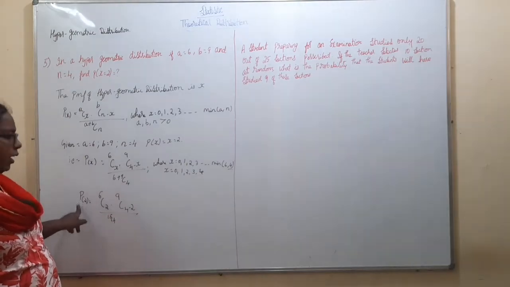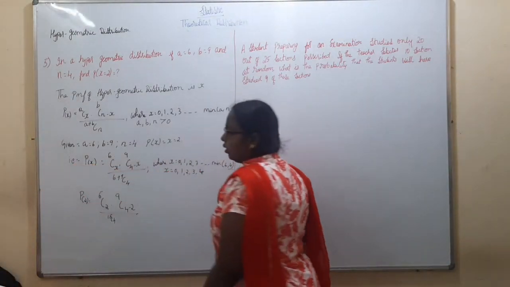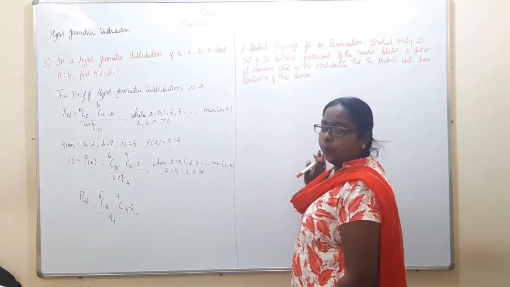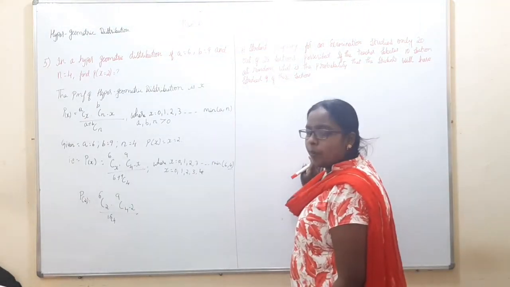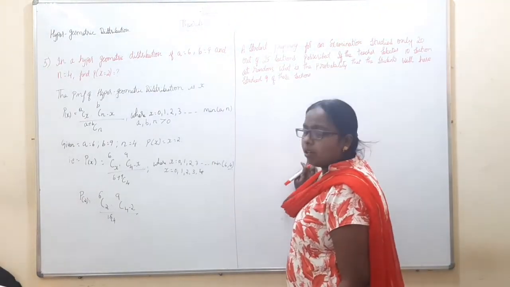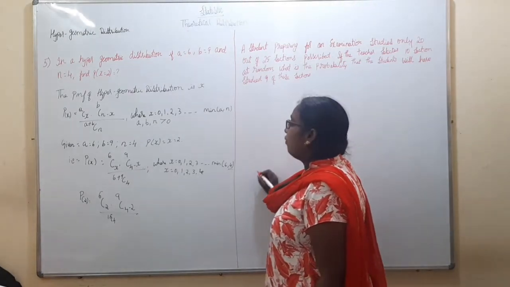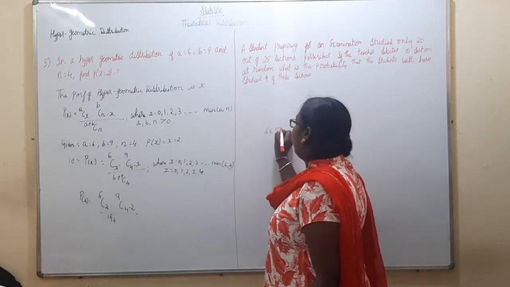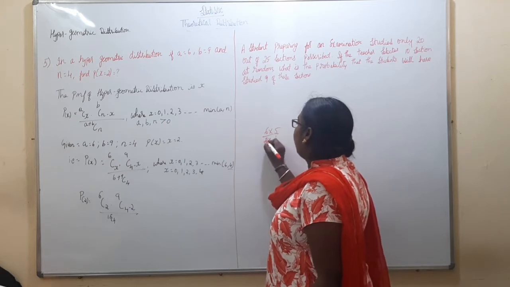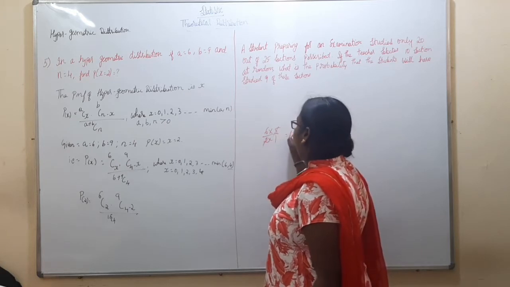So P of x2 is 6C2 into 9C(4 minus 2) divided by 15C4. Here I need to take the factorials. 6 into 5 divided by 2 into 1, I will get 15.